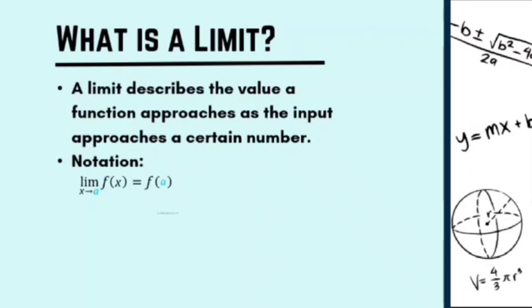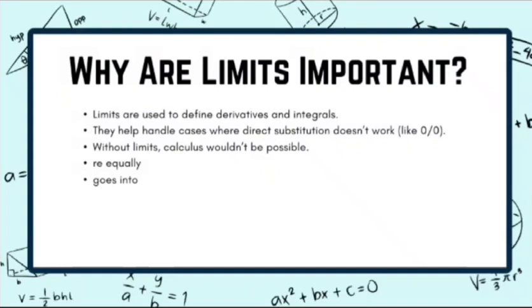If f of x gets closer to some number, we write it in the notation shown. This doesn't mean x ever reaches a, and it doesn't even mean the function is defined at a. It's all about approaching.